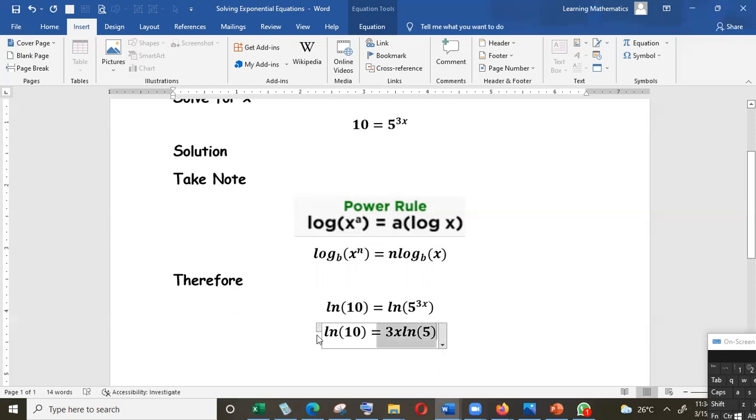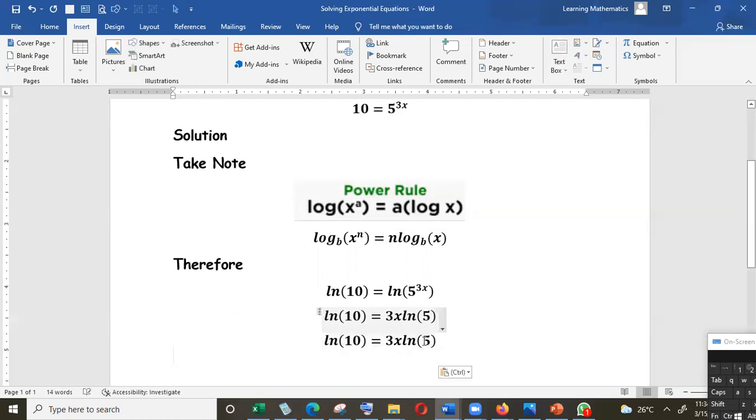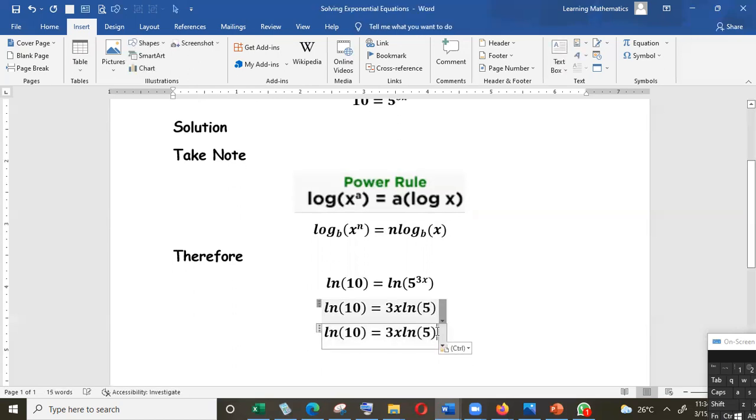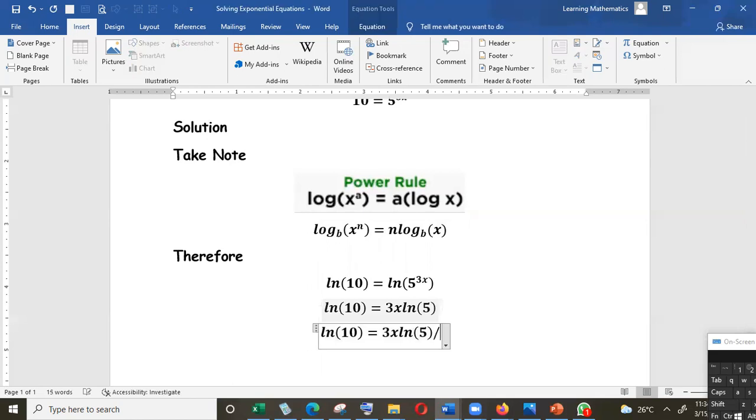Okay, and we are continuing the same rule. What we do on the right, we have to do on the left. So I have to divide by ln of 5 to cancel out ln of 5, and not just ln of 5 alone, 3 ln of 5, because the 3 can cancel out one time.